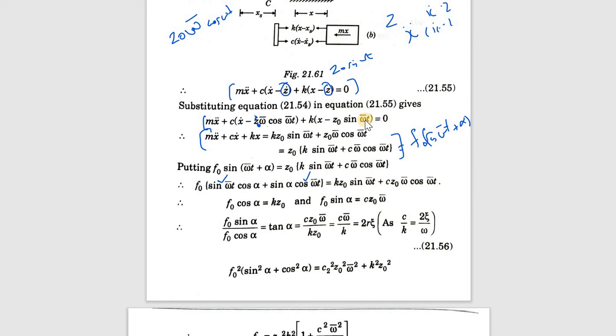Now I am dividing these two. After division I will get tan alpha equal to c z0 omega dash by k z0. z0 cancels, so tan alpha is c omega dash by k. But we know what c by k is.